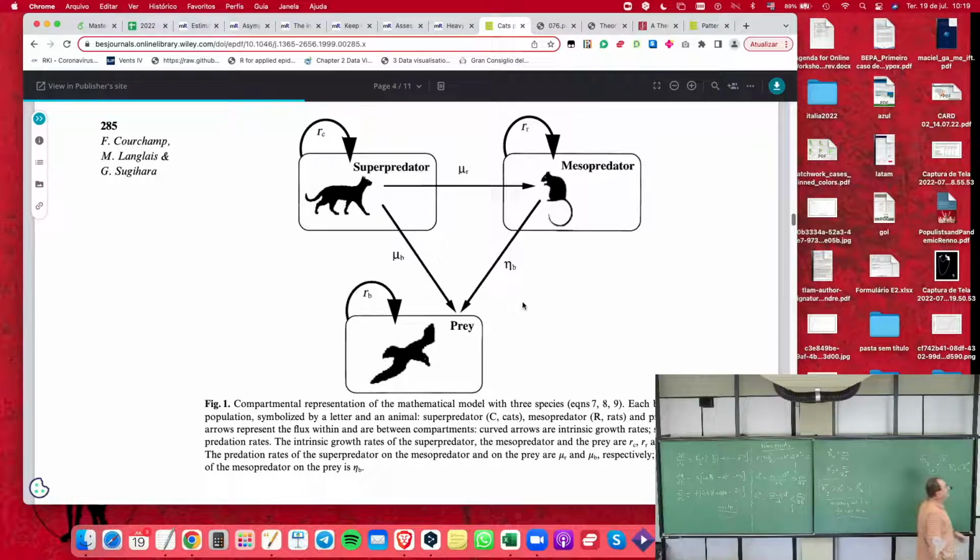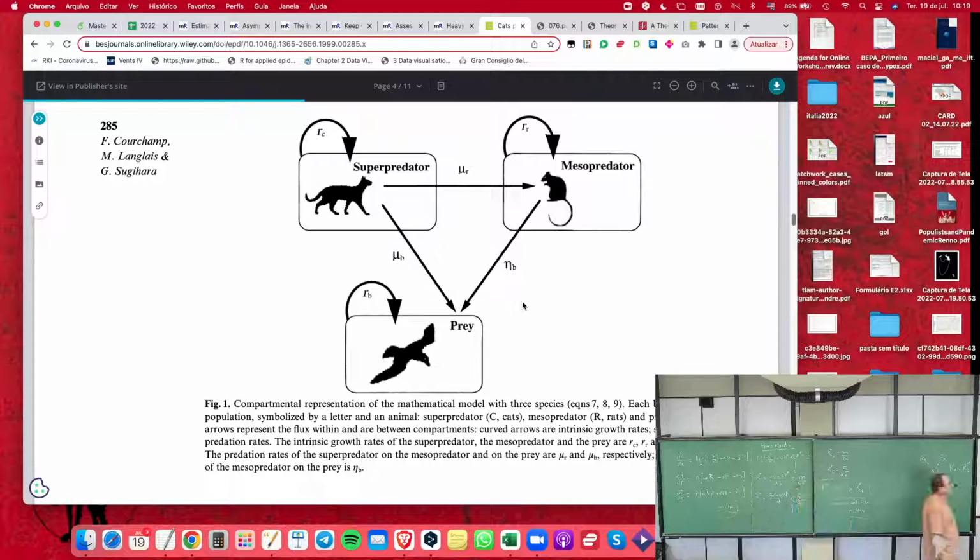Here, you have an intrinsic growth rate of the super predator, of the mesopredator, and of the prey, which is not connected to this chain here. It means that the cat could feed maybe on something else, the mesopredator also on something else, and the prey has to feed on something, okay? So you have a different situation. It's not the one that we discussed here.